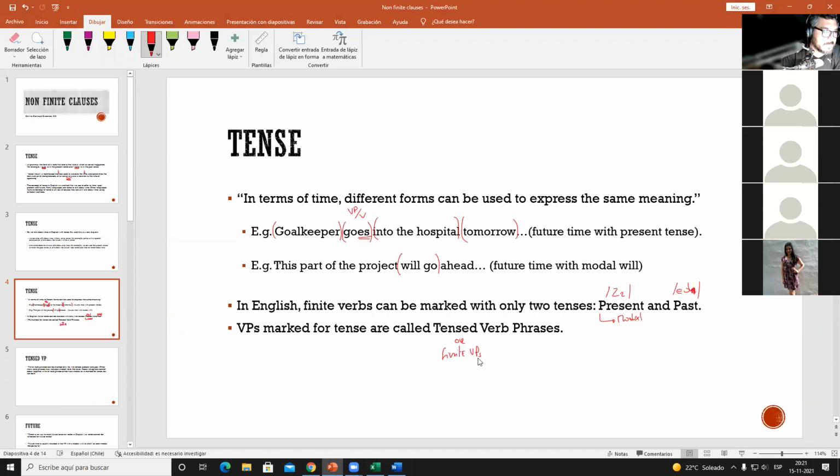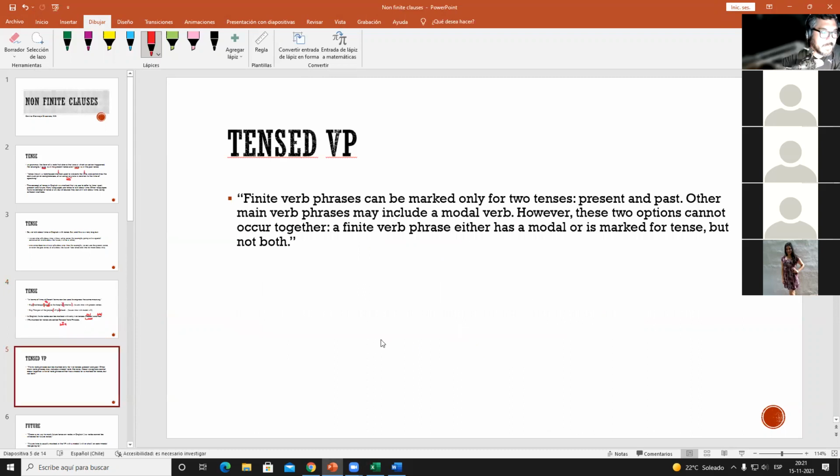Finite verb phrases can be marked only for two tenses, present and past. We know that. Other main verb phrases may include a modal verb. We know that. However, these two options can't occur together. A finite verb phrase either has a modal or is marked for tense, but not for both.